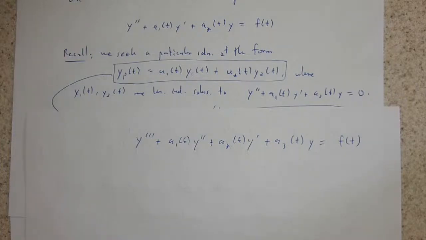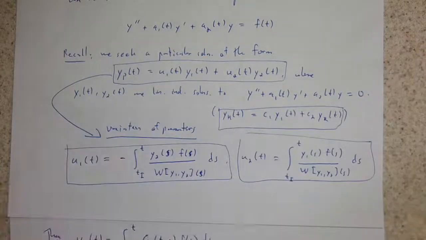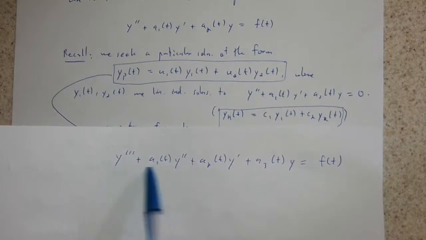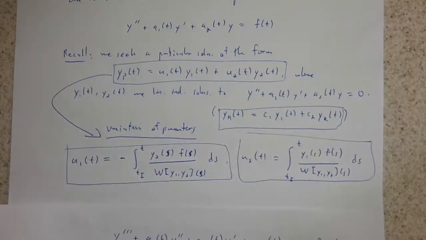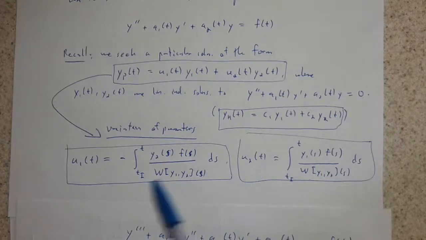But in this case of variable coefficients, I'm trying to generalize these formulas to this, right? And so how do I do that? It's not immediately clear how this is going to work from these formulas.